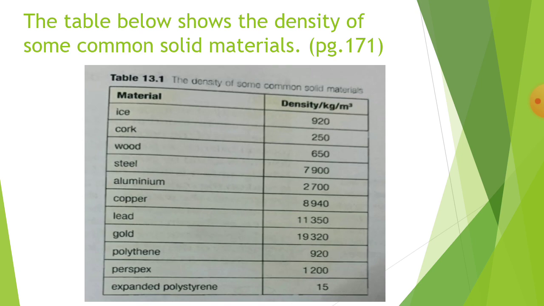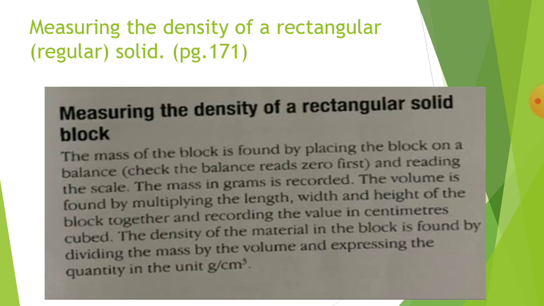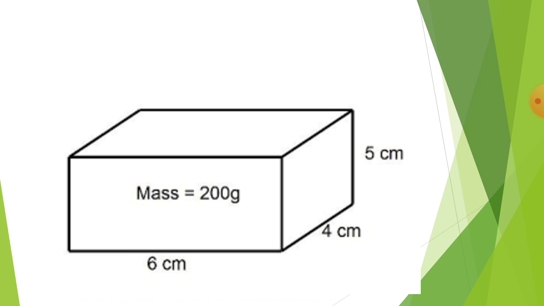This is table 13.1, which shows the density of some common solid materials. As you can see, different materials have different densities. When we come to measure the density of a regular solid, a rectangular cube for example, we need to find the mass and we need to find the volume.